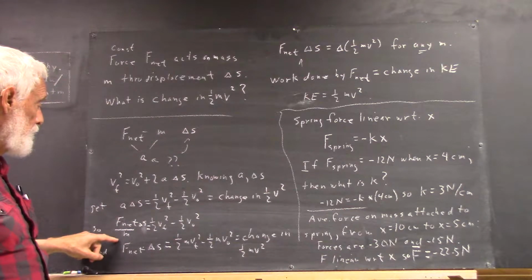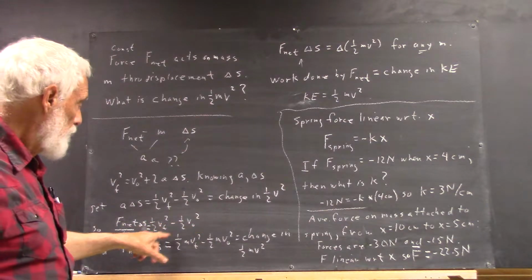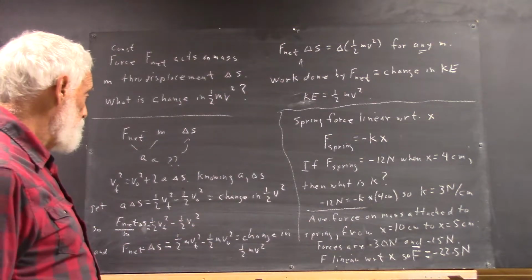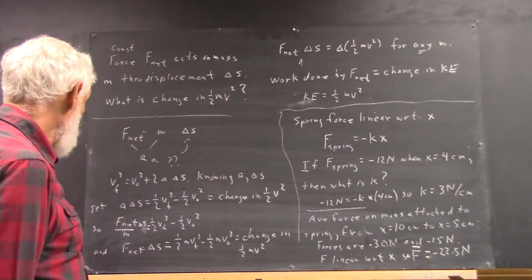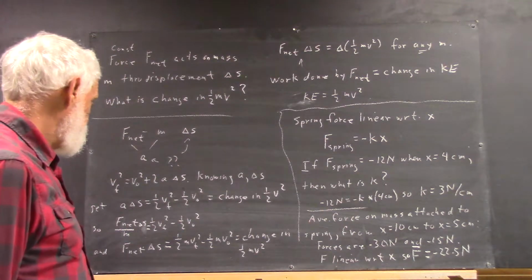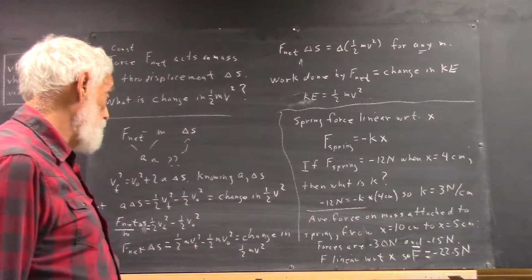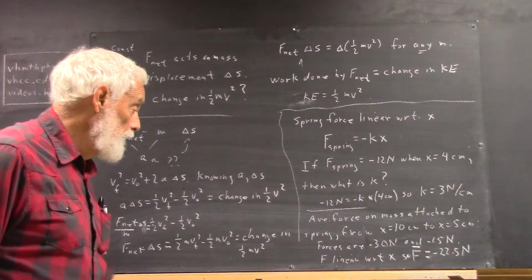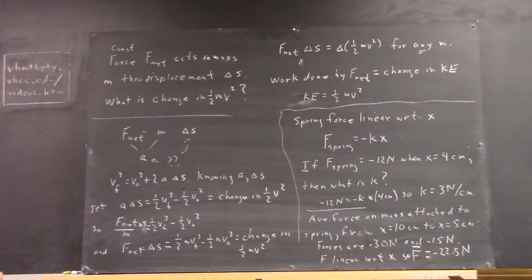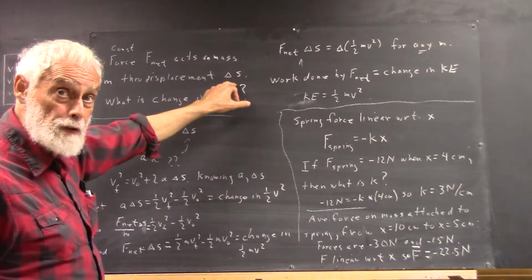So we have Fnet divided by m times delta S is equal to 1/2 VF squared minus 1/2 V naught squared, the change in the quantity 1/2 V squared, so that Fnet delta S is 1/2 mVF squared minus 1/2 mV naught squared, and that is the change in 1/2 mV squared. So the answer to the question is, the change in 1/2 mV squared is just Fnet multiplied by delta S.